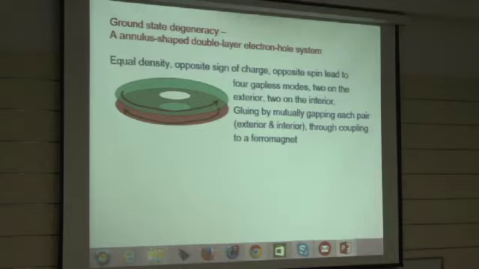But what I'd like to think about is a situation where the density on the upper annulus is equal in magnitude but opposite in sign to the density in the lower annulus. So these are electrons, these are holes, equal density, equal filling factor of nu equals 1/3, as we said before.